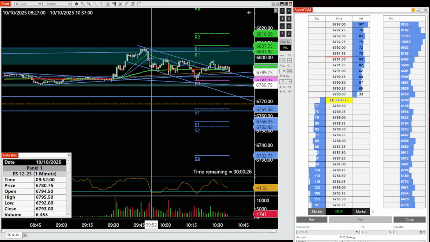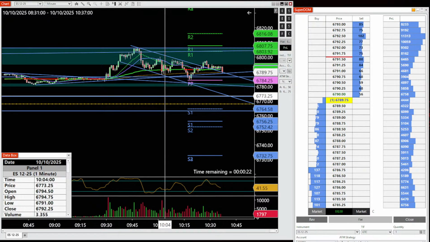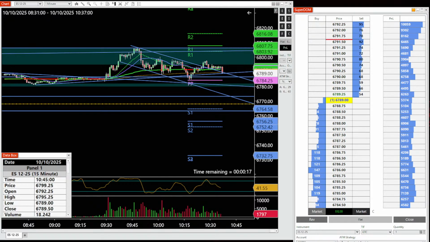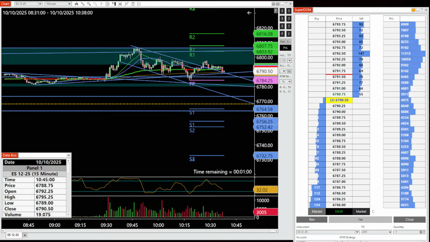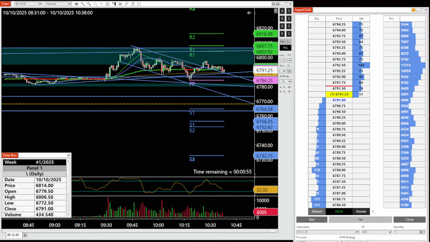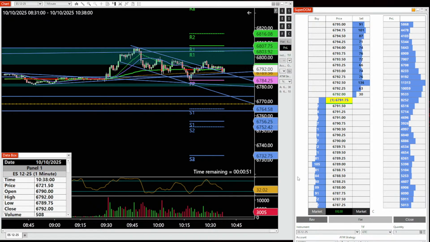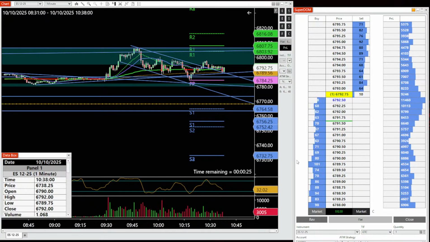This trend line here. Nothing to do right now. At all.